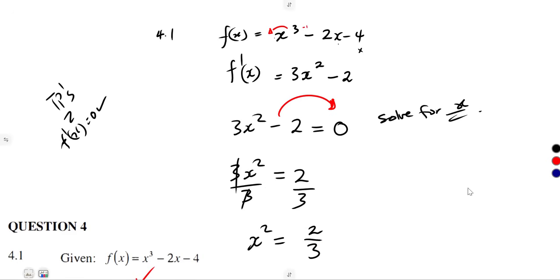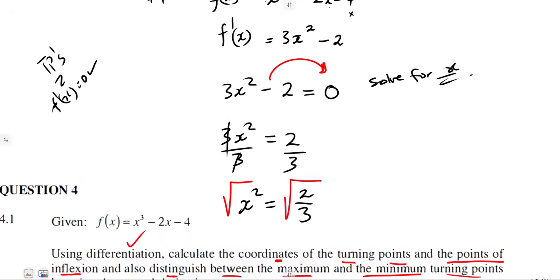To find our x, we introduce the square root to get rid of that square, so that's plus or minus. You can leave it like that, or simplify this on our calculator. That was the square root of 2 over 3.